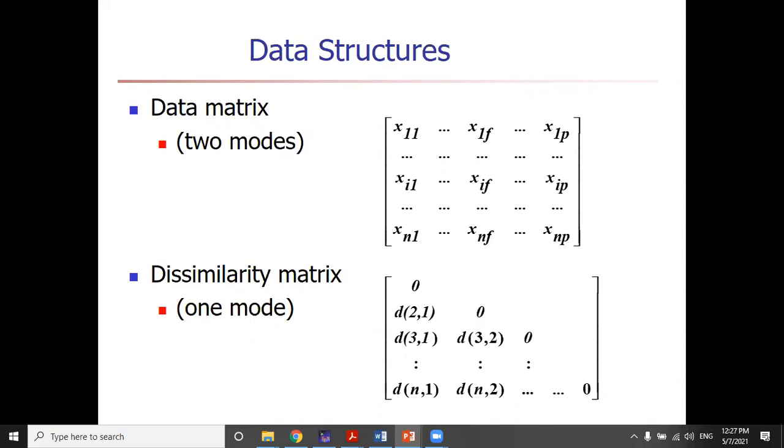These features are called p variables, the p number of features. And n represents the number of objects or students present in your class. So in terms of clustering, n represents the number of objects present in the space on which you apply the clustering, and p represents the number of features each object is associated with.